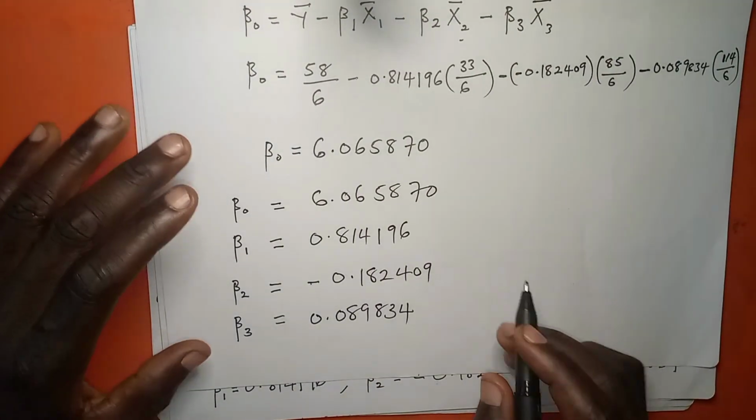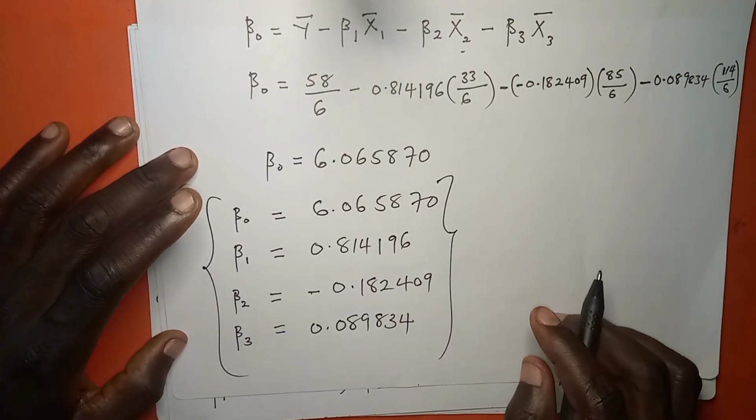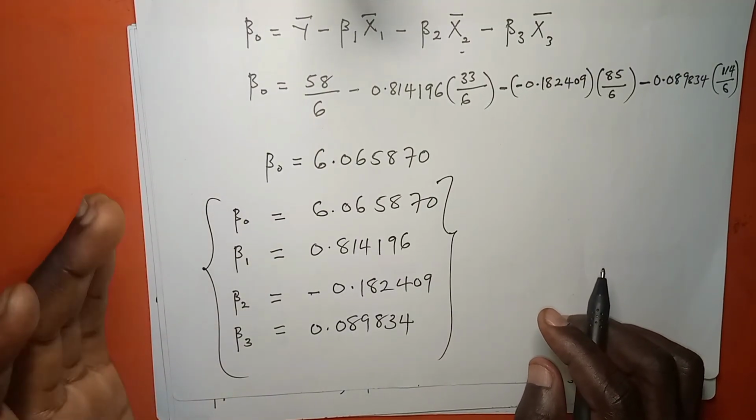So these are the parameters for us to get our model, which has three independent variables.